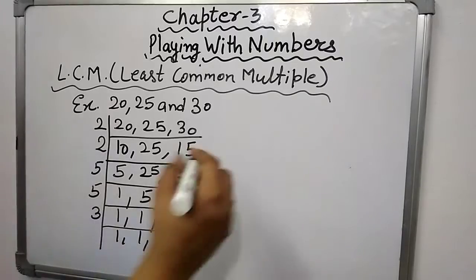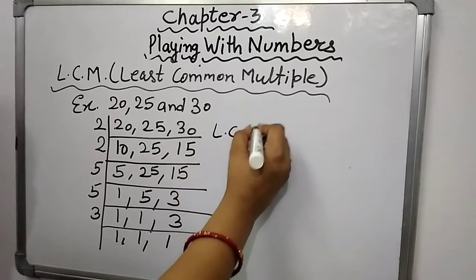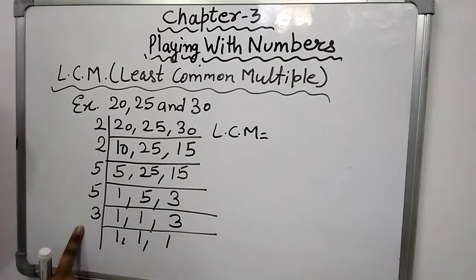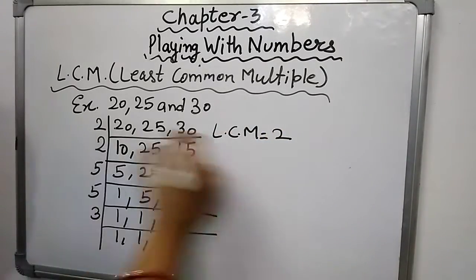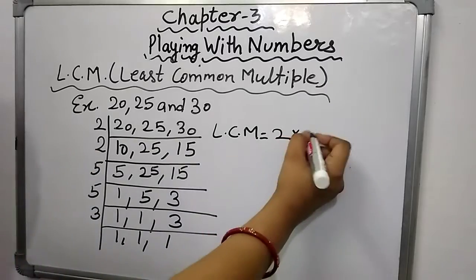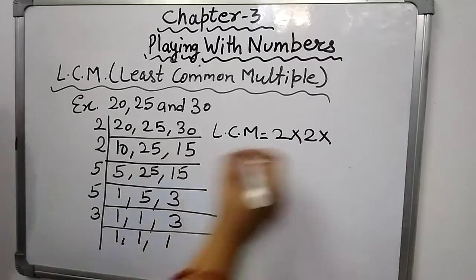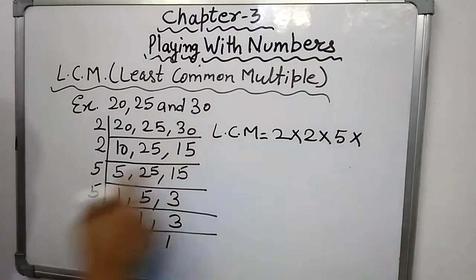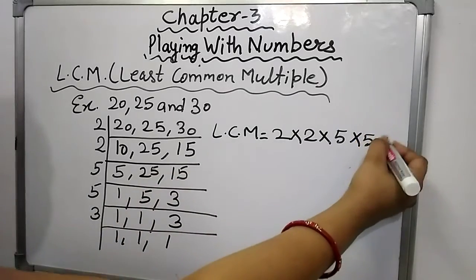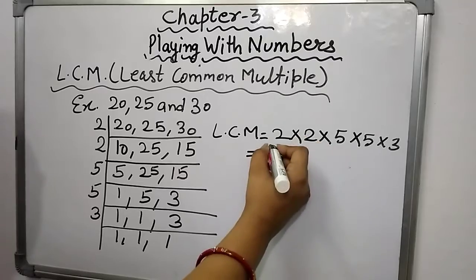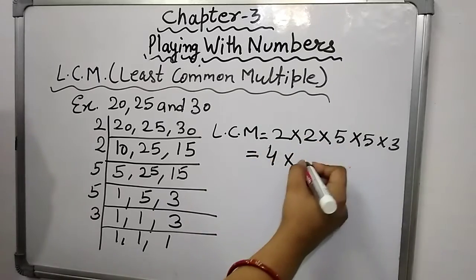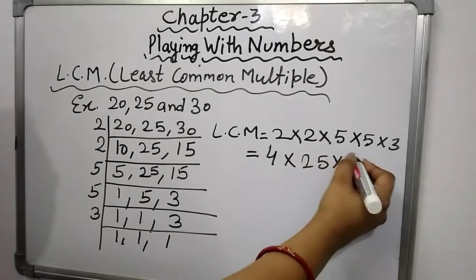Now for LCM, what will we do? We will multiply all these prime numbers. So 2 multiplied by 2, then we have 5 multiplied by 5, and then last is 3. Multiply them: 2 times 2 is 4, 5 times 5 is 25, and 3.